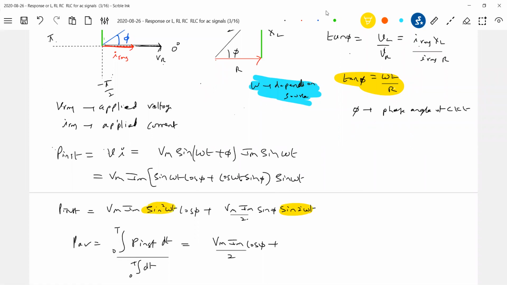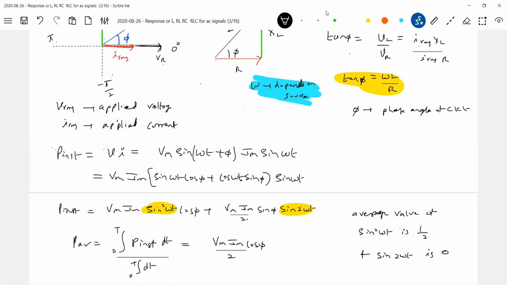Whereas the average value of sine square omega t is 1 by 2. So substituting all this and solving, I ended up with this equation.